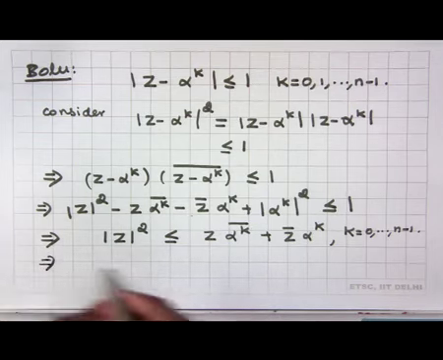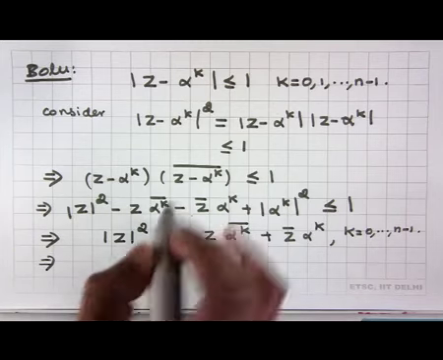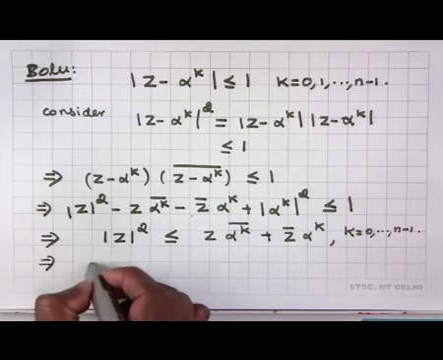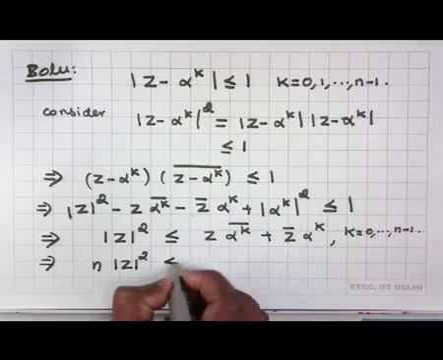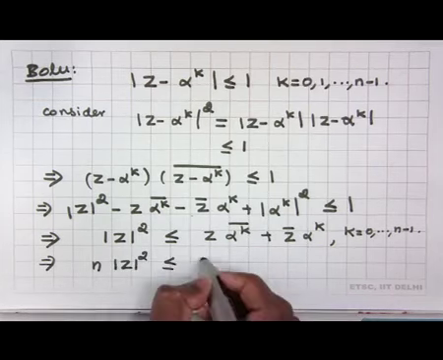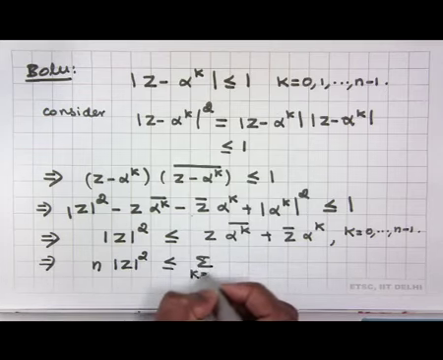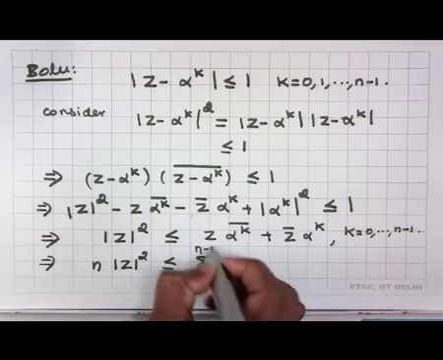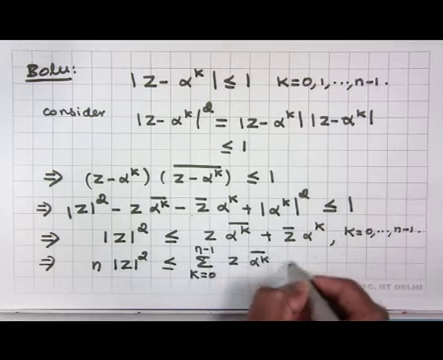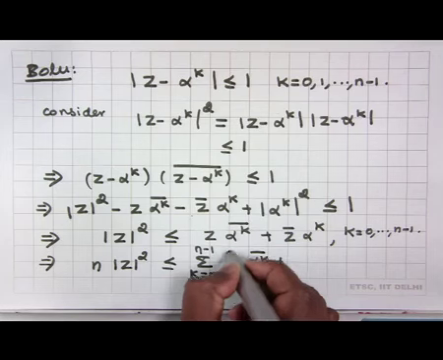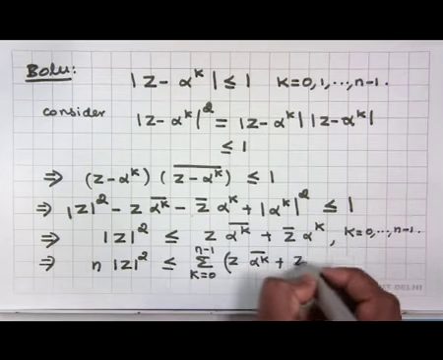If I sum these n inequalities, left hand side I get n terms of mod z square, which is less than or equal to the sum of k from 0 to n minus 1 of z multiplied with alpha^k bar plus z bar alpha^k, and this is a common summation, we can have it.